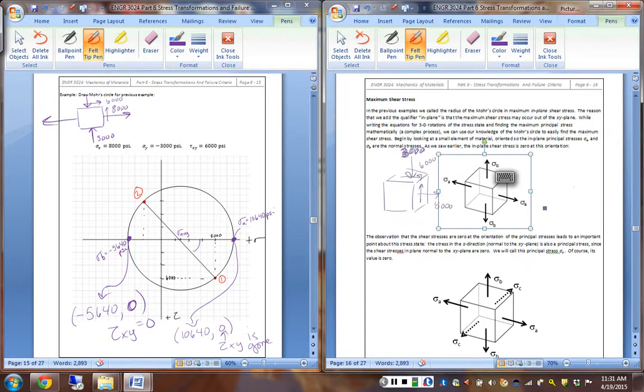So I'll try that again. That sigma A is 10.64, and sigma B is minus 5.64.